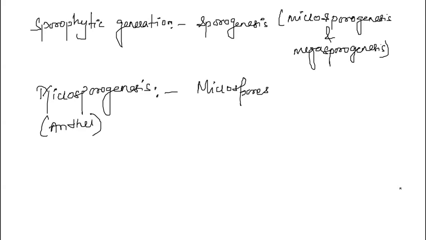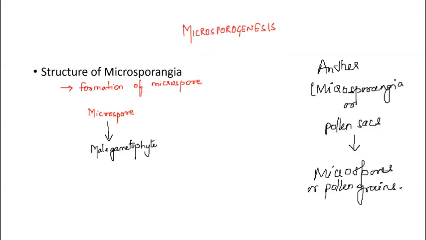Microsporogenesis is the formation of male spores and megasporogenesis is the formation of female spores. The male spores or the microspores are found in the anther. The anther has a structure known as microsporangia or the pollen sacs, where the microspores or the pollen grains are produced. Clear? Now we will go into the detail.